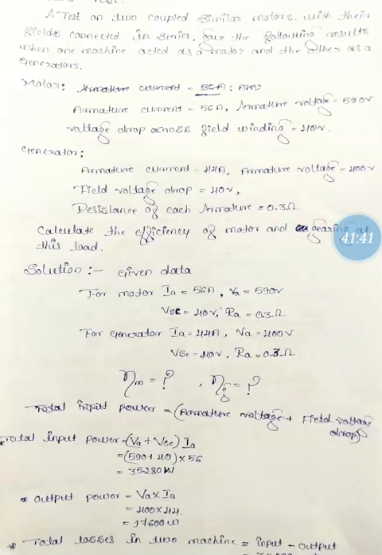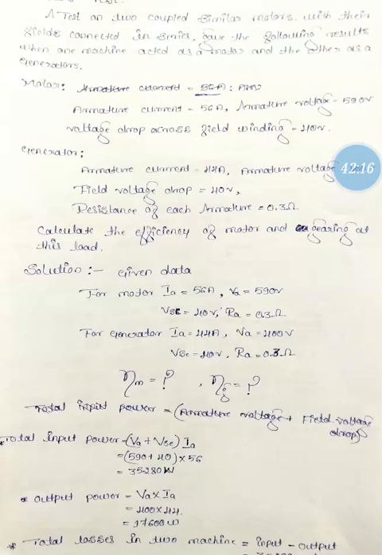Then for the generator: armature current of the generator is 44 ampere, armature voltage of the generator is 400 volt, field voltage drop of the generator is 40 volt, resistance of the armature of the motor is 0.3 ohm and resistance of the armature of the generator is also 0.3 ohm. That means both armature resistances are the same. Then calculate the efficiency of motor and generator at this load.